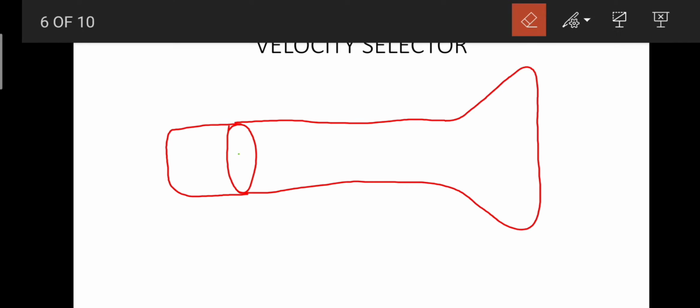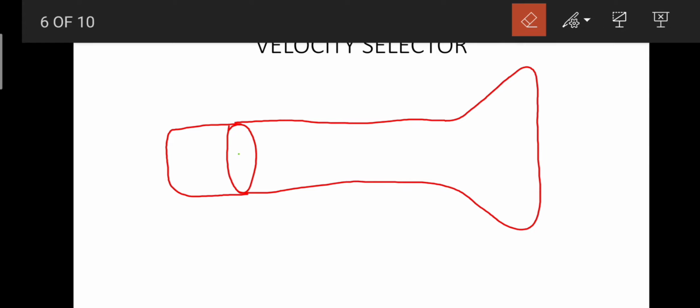As you can see in this figure, the configuration is the same as we discussed earlier in the determination of e by m. There would be a source, and from this source all the electrons will come out and move towards the fluorescent screen, and the screen will glow.